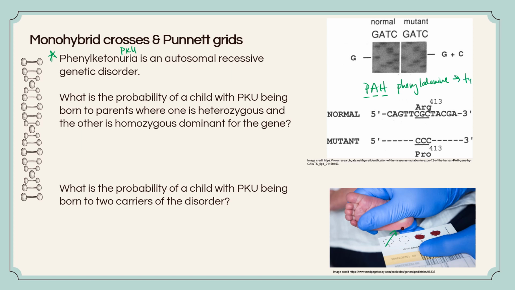It is converted into a different amino acid called tyrosine. If that phenylalanine hydroxylase protein is broken, then we do not convert that phenylalanine into tyrosine. That phenylalanine collects in the brain and leads to some cognitive delays.